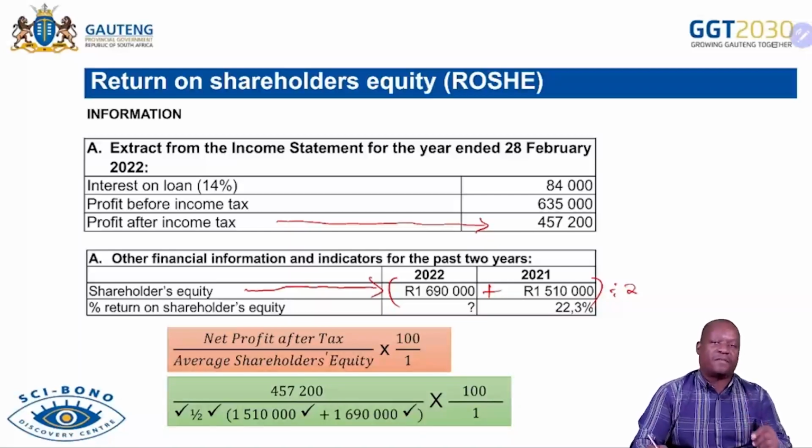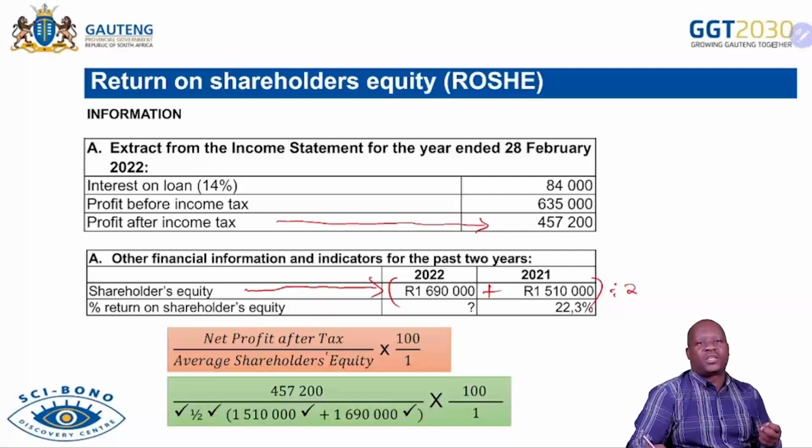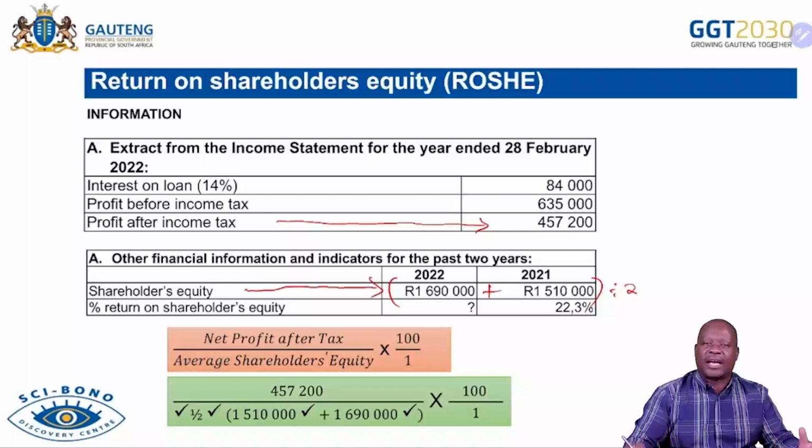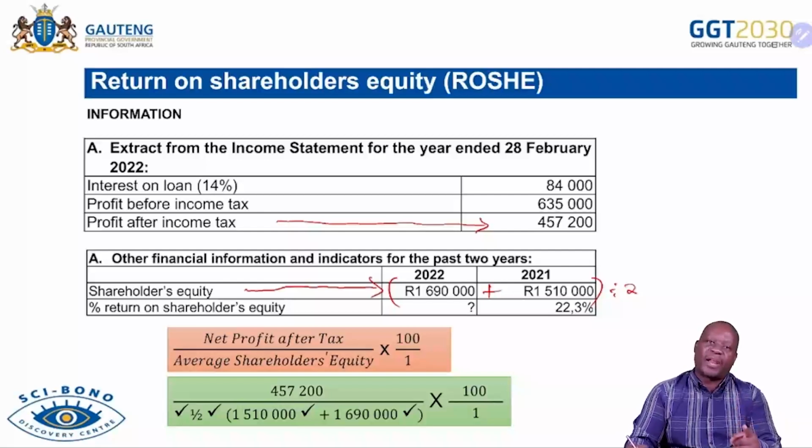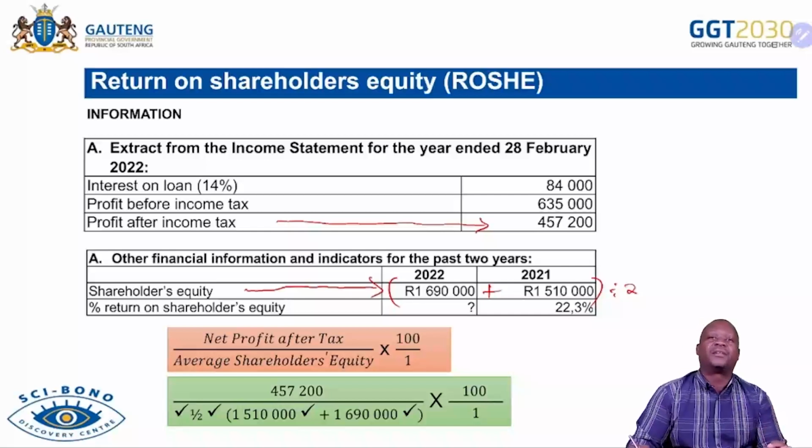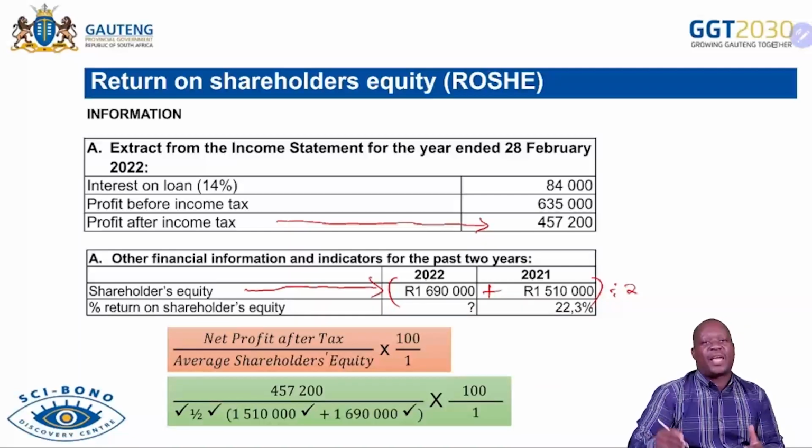I would want to emphasize here, you need to know what unit you want to have at the end. Because multiplying by 100 doesn't mean it's a percentage all the time. Sometimes we multiply by 100 because we want our answer in cents, because there are 100 cents in a rand. And sometimes we multiply by 100 because we want a percentage.